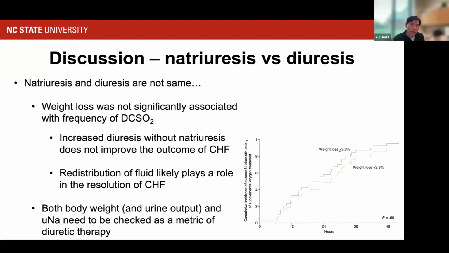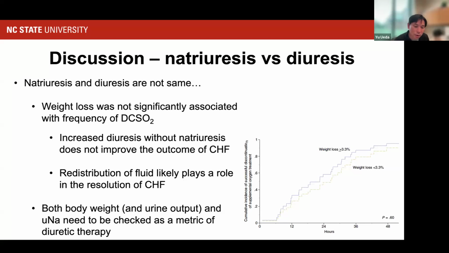So that might be another potential explanation for what they found, the non-significant differences in body weight between the patients with successful and non-successful discontinuation of oxygen supplementation.